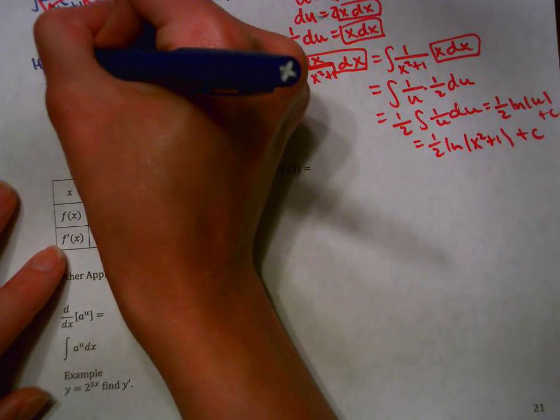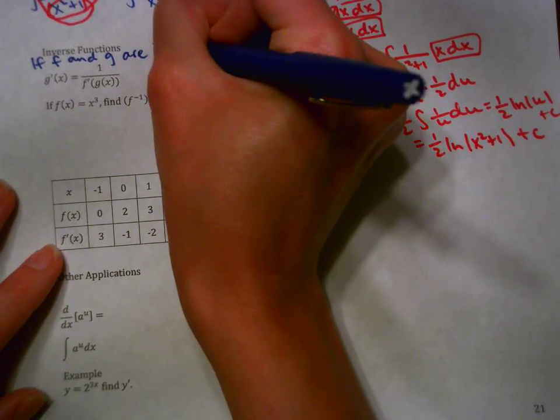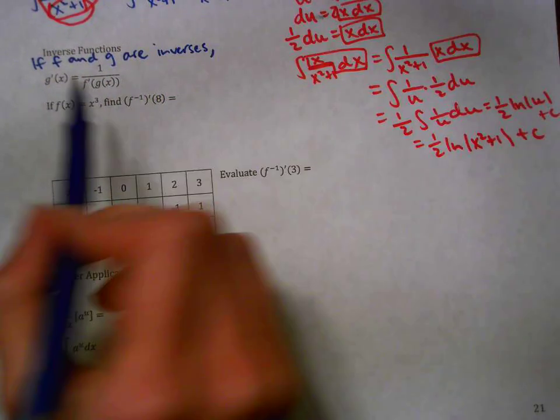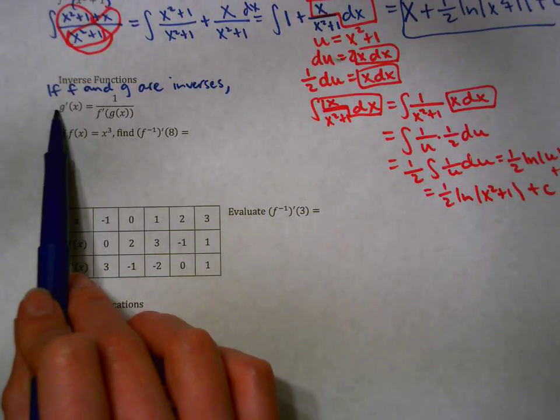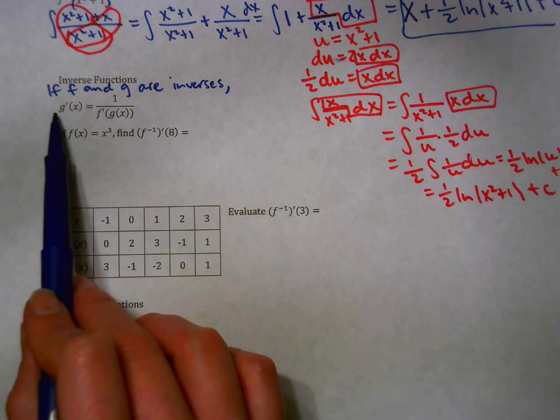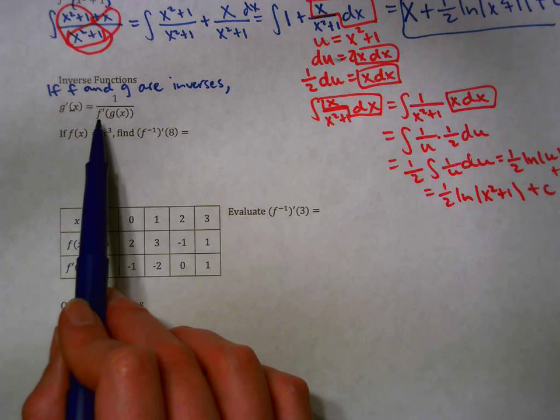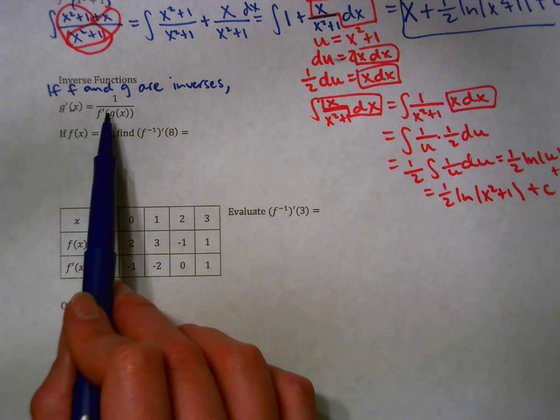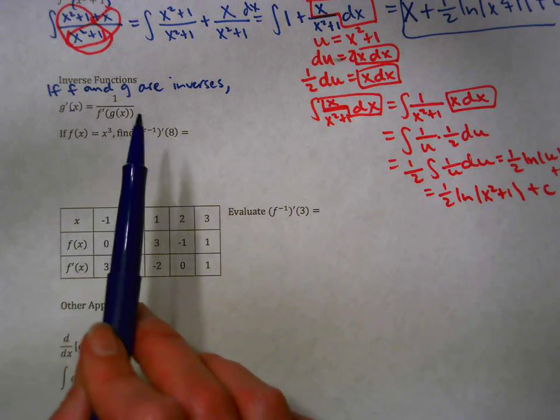If f and g are inverses, then g prime, and how I would word this is, I'm going to treat g as the inverse of f, so the inverse derivative equals 1 over the original derivative of the inverse value. Okay, so maybe if you write out those words, it might help.